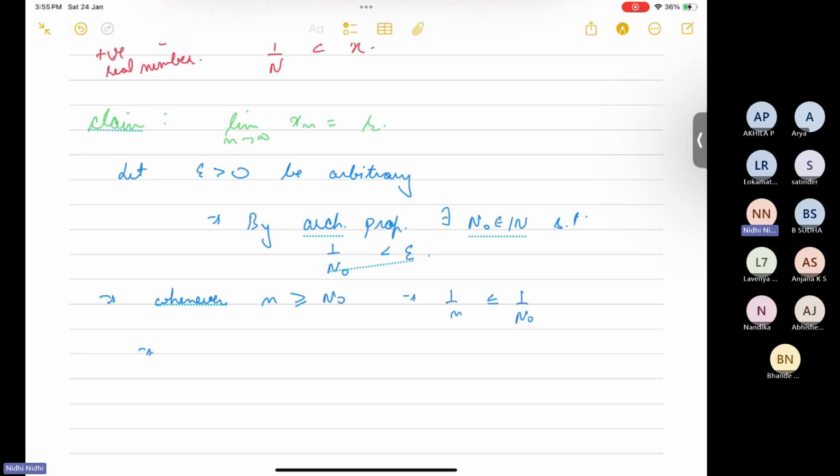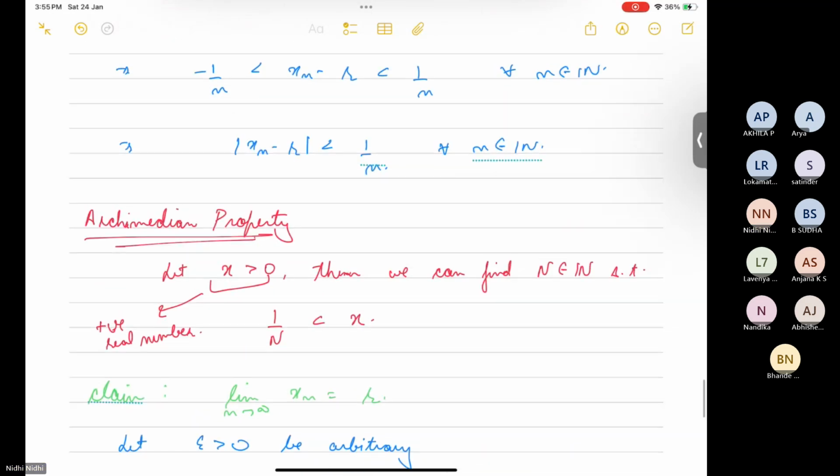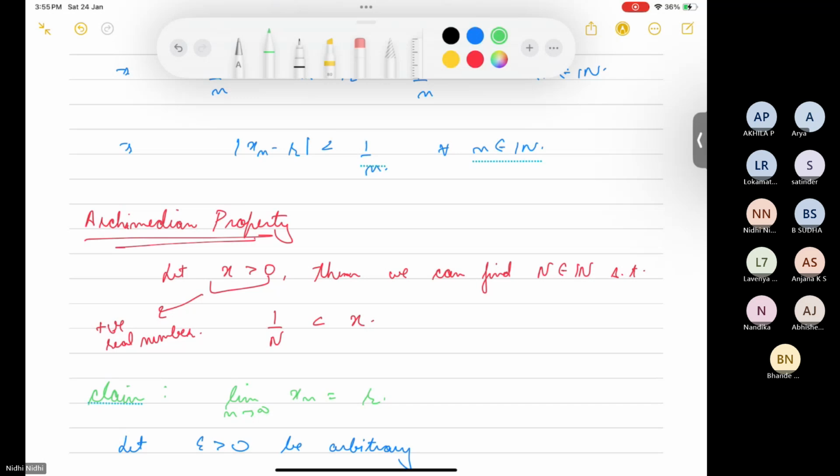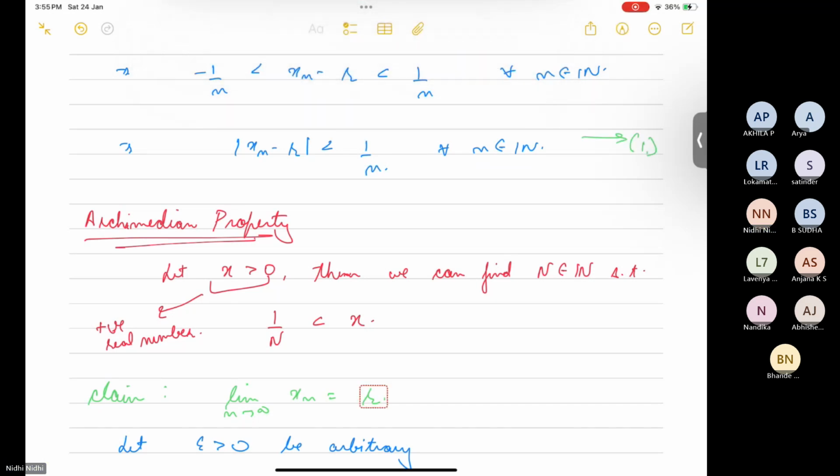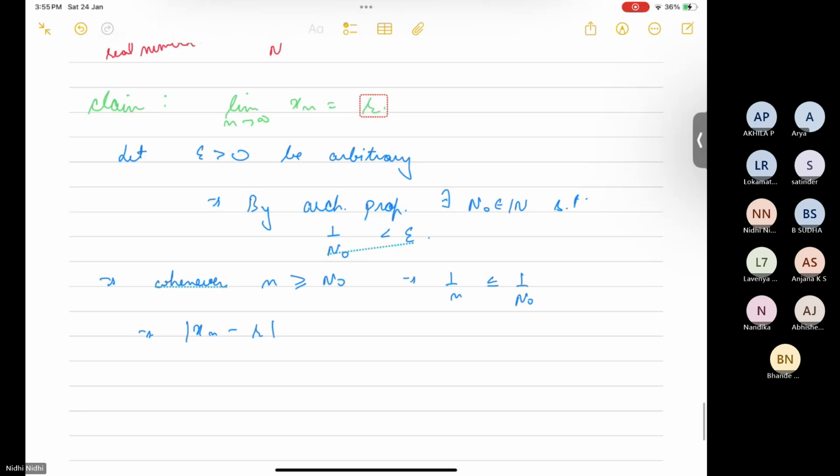Now we know that mod xn minus r was strictly less than 1 by n. This is less than or equal to 1 by n naught whenever n is greater than or equal to n naught.